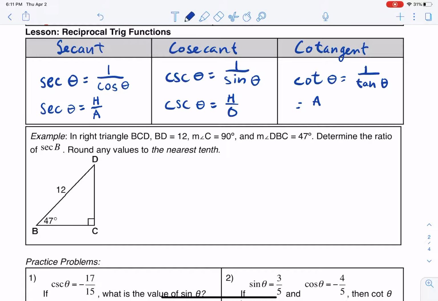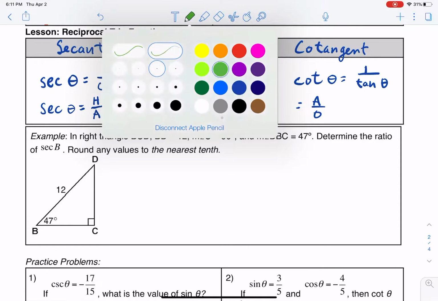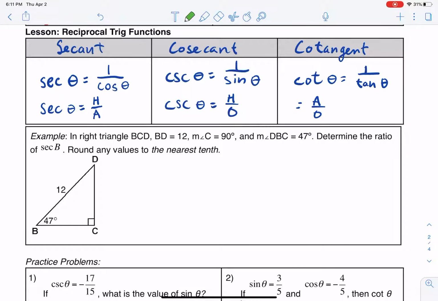So this would be adjacent over opposite. We can also think of cotangent if we go back to our new identity for tangent as cosine of theta over sine of theta. But that won't be important for most of the problems you'll be looking at today.